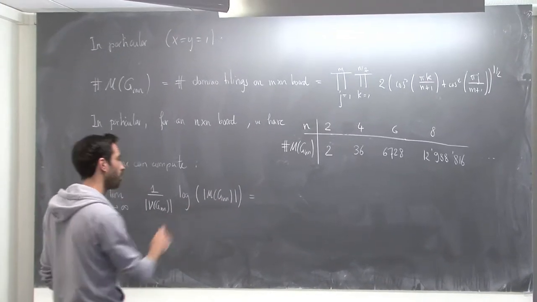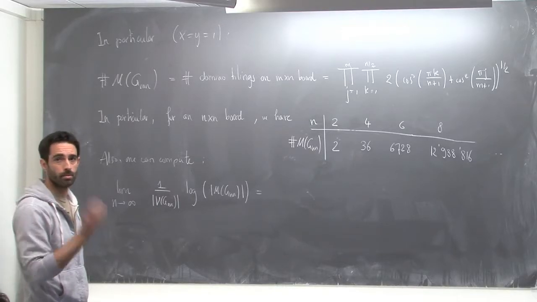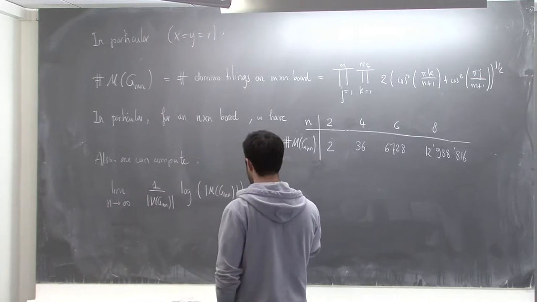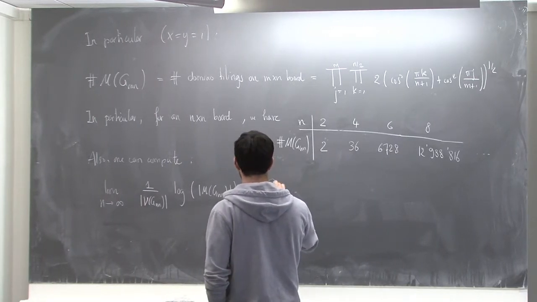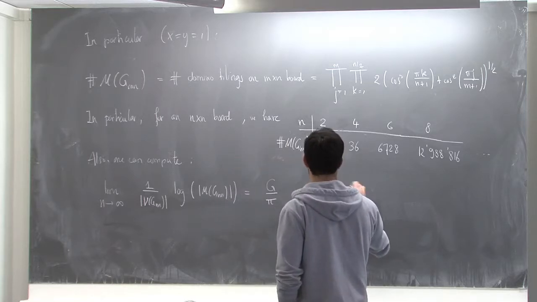I'm not going to do it here, neither in homework, because we're actually going to see a much more general result in maybe 3 weeks, after the holidays. But this number can be computed. It was done by Kasteleyn, and it is equal to G over pi, where G is Catalan's constant.